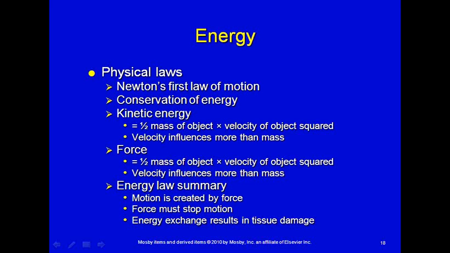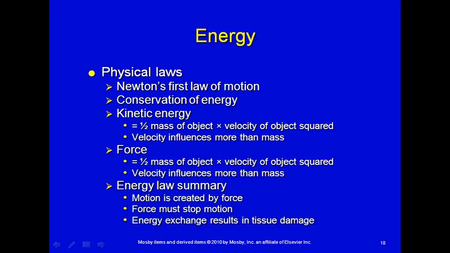Now let's take that same 100-pound person, but now they're going 20 miles per hour. I only increased the speed by 10, but now it's 20 times 20. And 20 times 20, when I do the math, is 400.